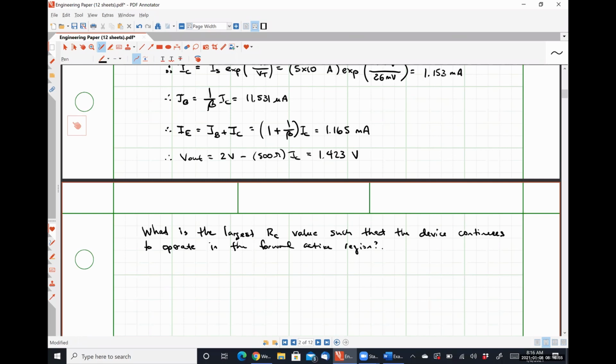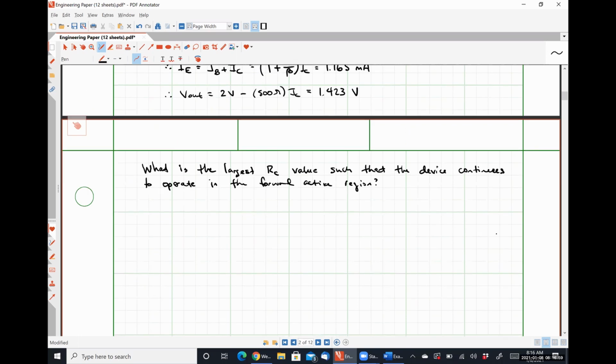All right, so let's talk about a couple of things here real quick. We had our table, right, where VC is greater than VB is greater than VE. This is forward active.